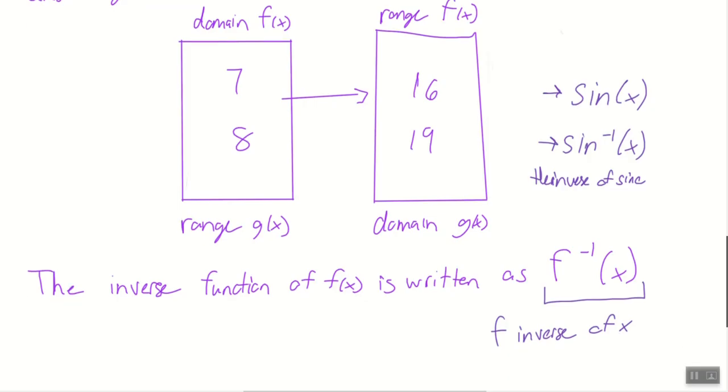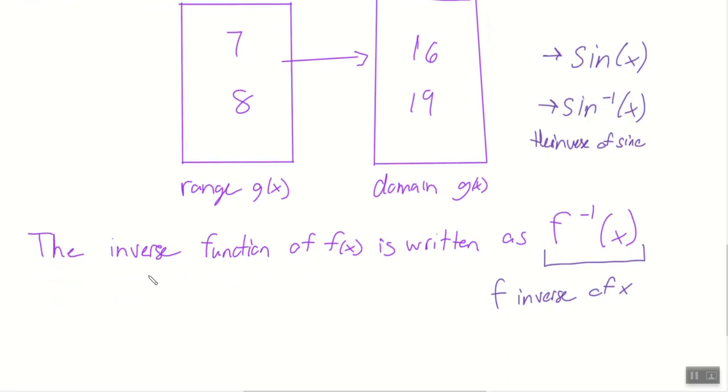As written below, if we have the composition of f and f inverse of x, this should always equal x. This is a good way to check it, to see if it actually is written as x.